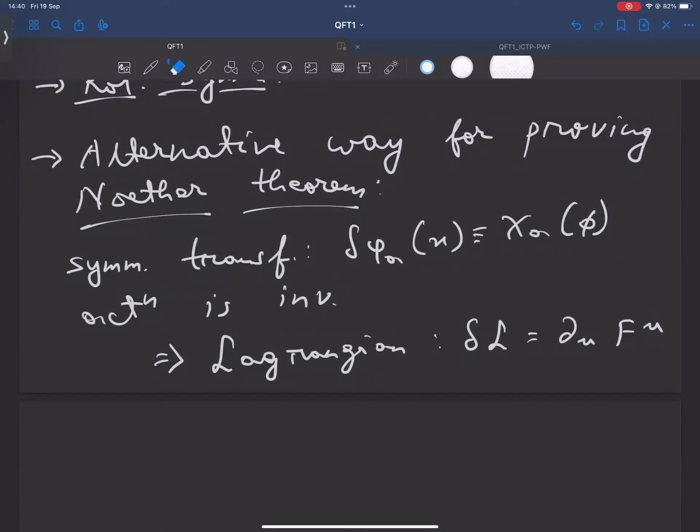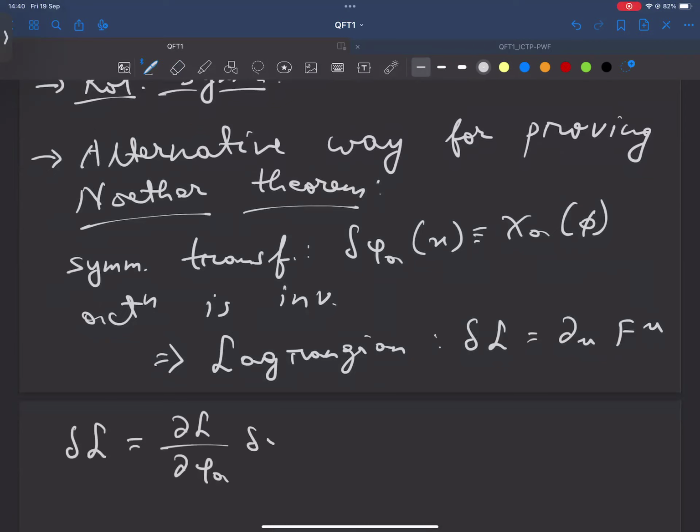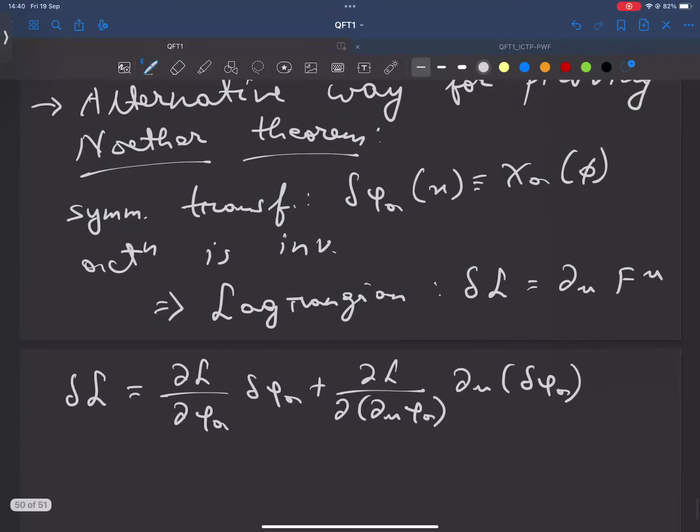So now let's see how the Lagrangian changes. As we know by now very well, the Lagrangian depends on the field and the derivative of the field. So this is again the usual procedure that we did.